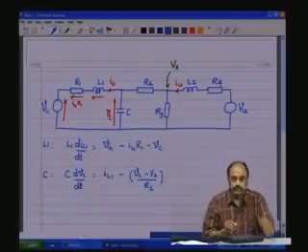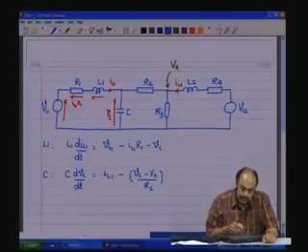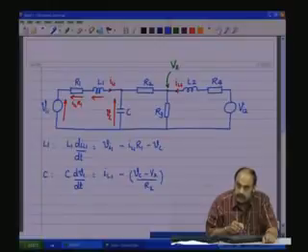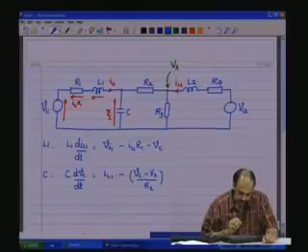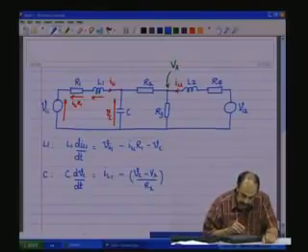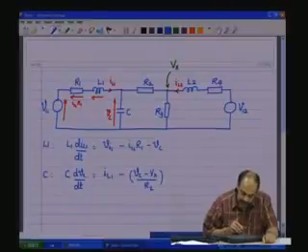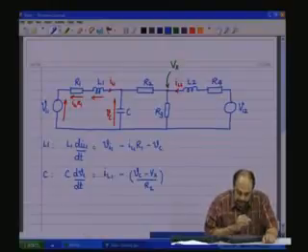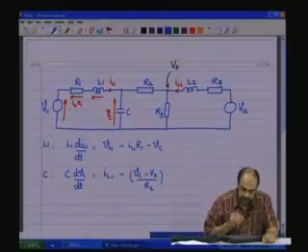This is the current through R2, and by Kirchhoff's current law at this node, the sum of IL1, the current through R2 and the current through C should algebraically add up to 0. So, this is the second equation, but of course, this equation is in terms of the state variable Vc, state variable IL1 and a variable Vx. We should later on express Vx in terms of state variables. Of course, we will come to that.